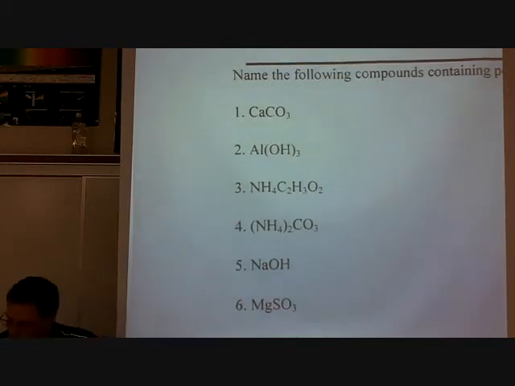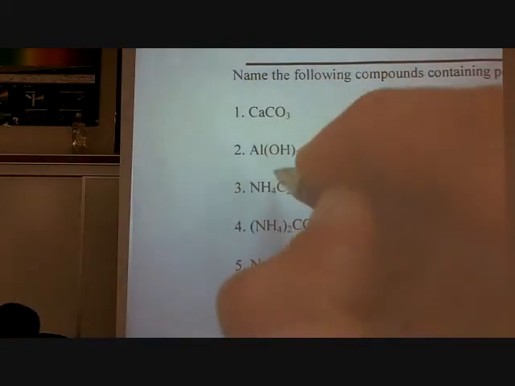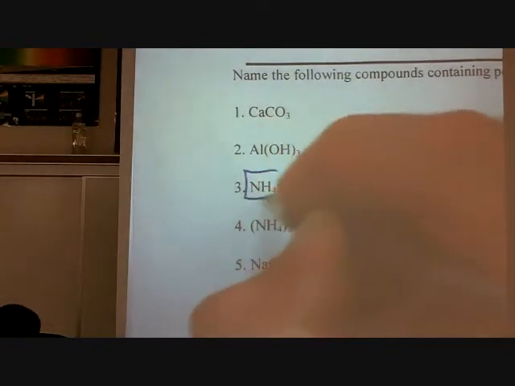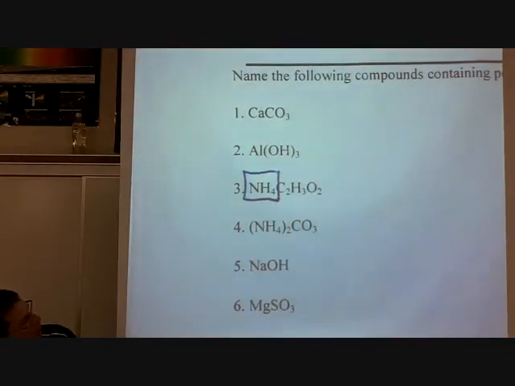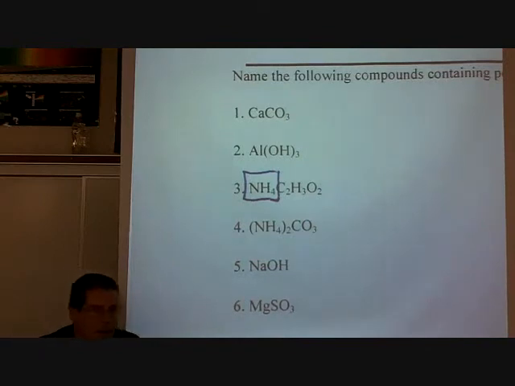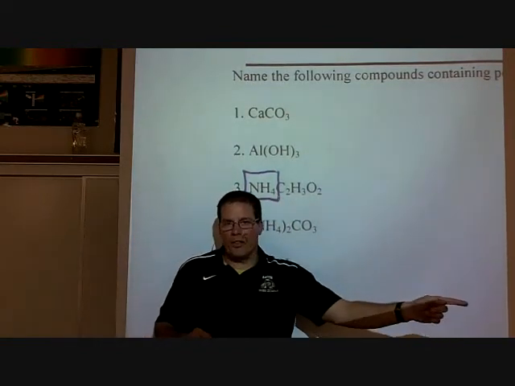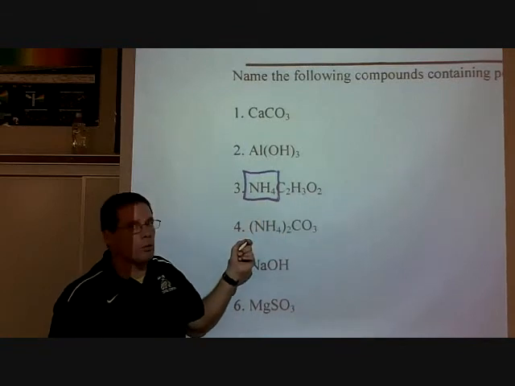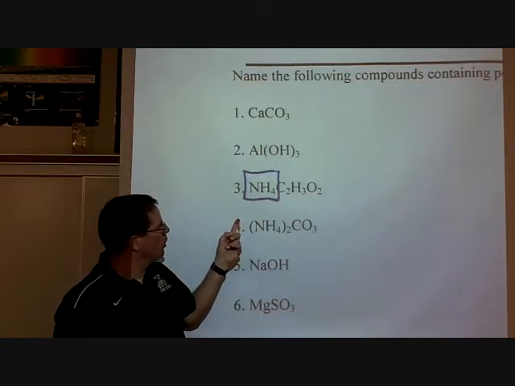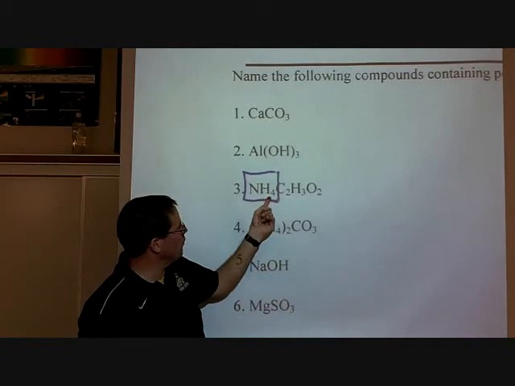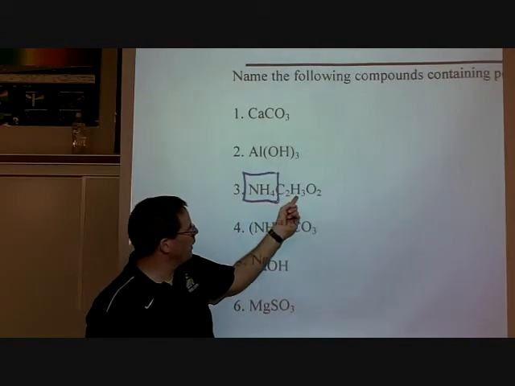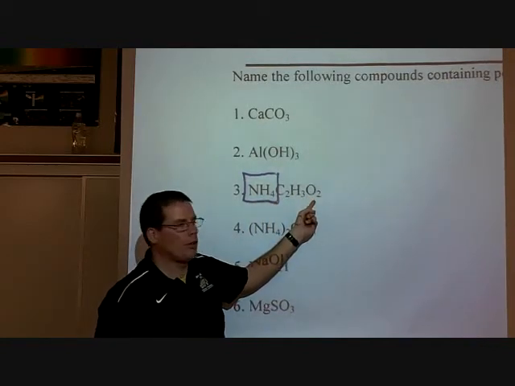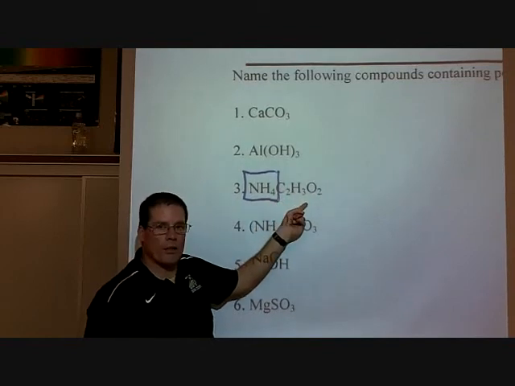So you identify who the metal is. The NH4 is the metal. Whatever's left is the non-metal. So what we have here is 2 polyatomics together, and it's really ugly if you're not sure what you're doing. The NH4 is ammonium, the C2H3O2 is acetate, so it's ammonium acetate.